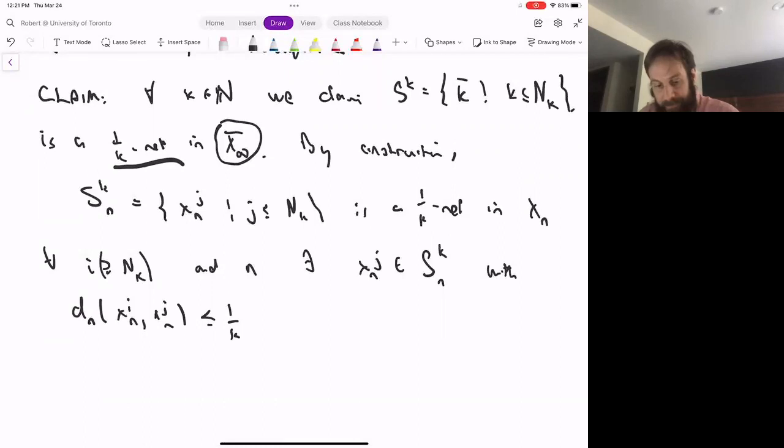And this j, although it depends on i and n in principle, is always less than n sub k.